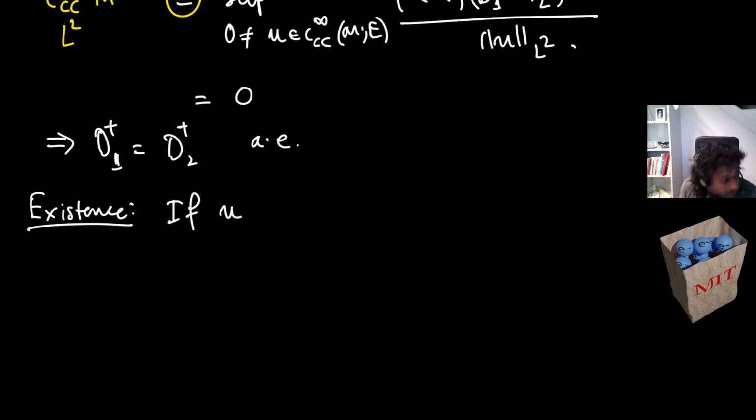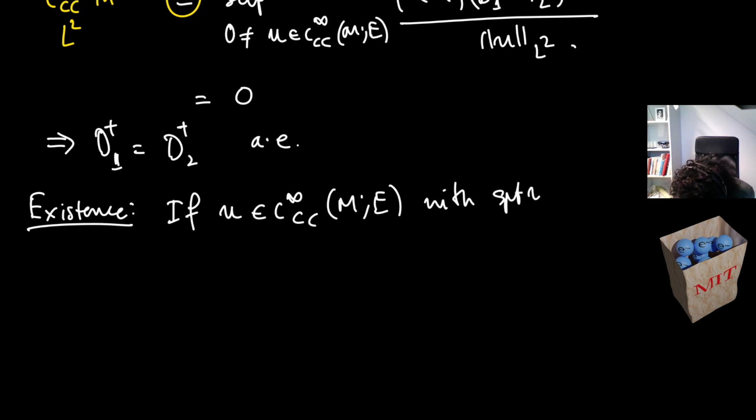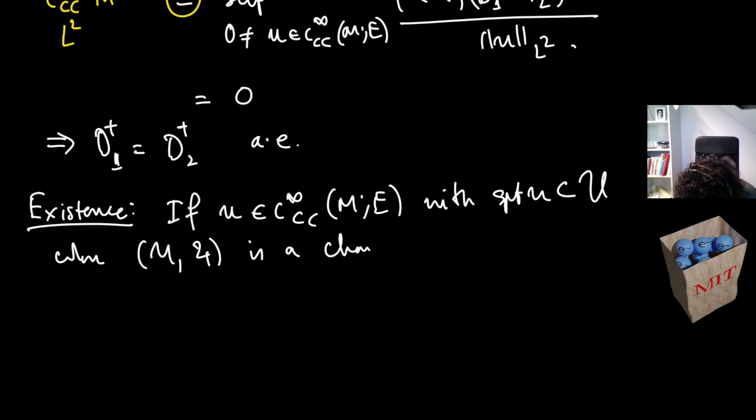If U is a section with the support of U in big U, where U psi is a chart corresponding to trivializations.